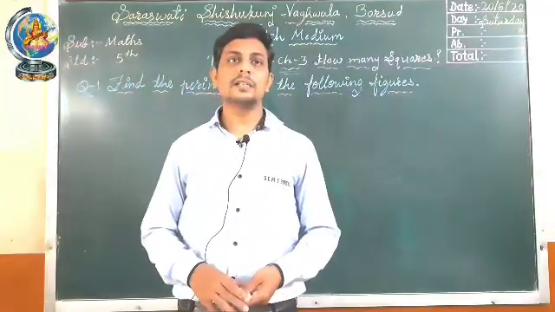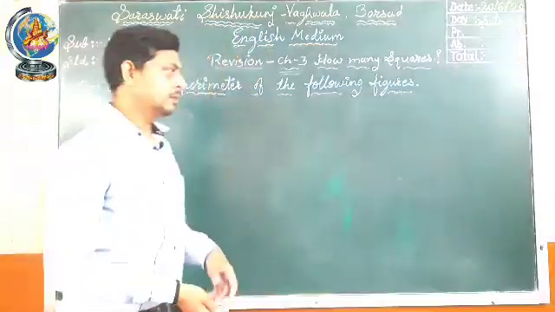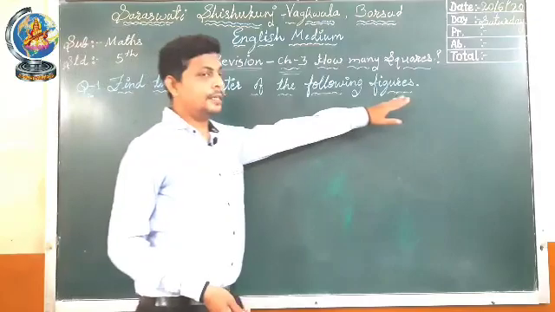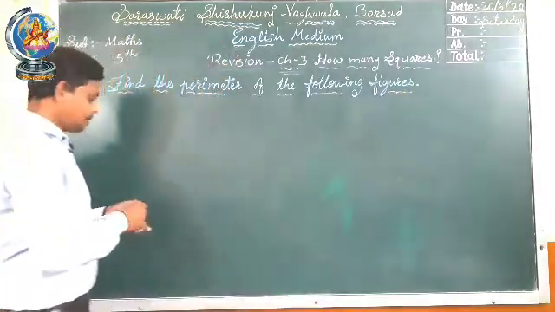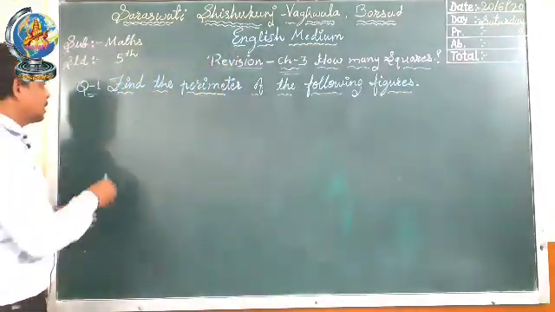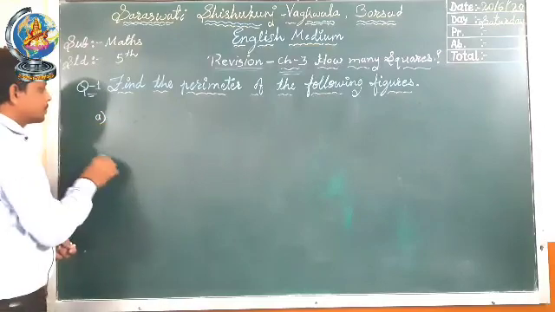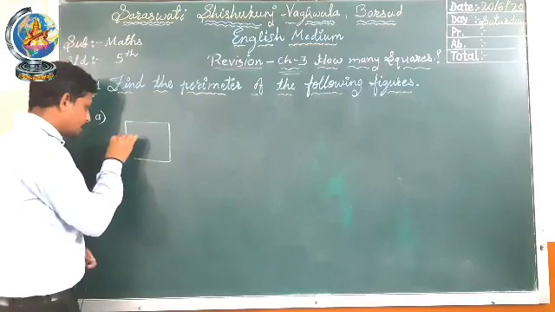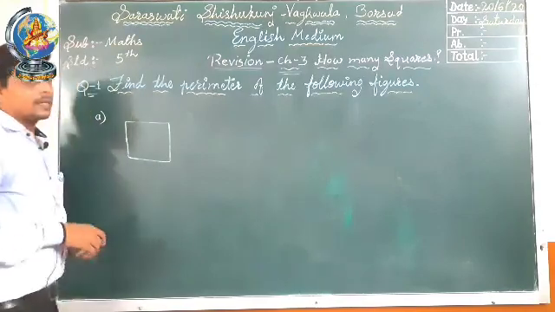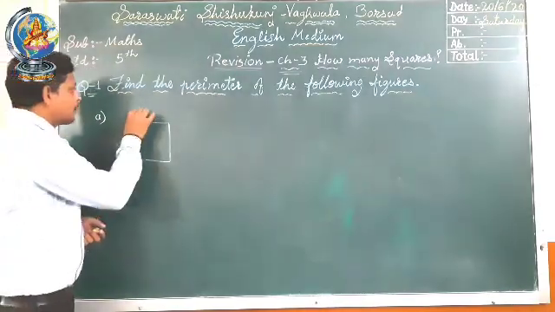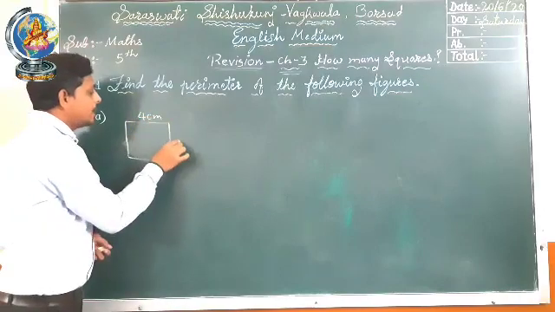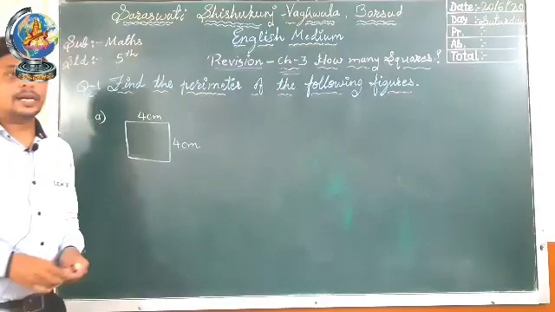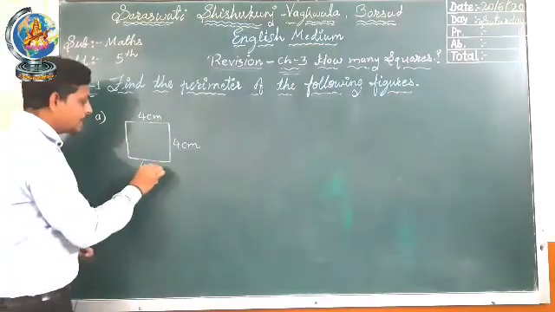Let's begin revision. Question number 1. Find the perimeter of the following figure. A number, this is a square, 4 centimeter and 4 centimeter. So sides are given as 4 centimeter.